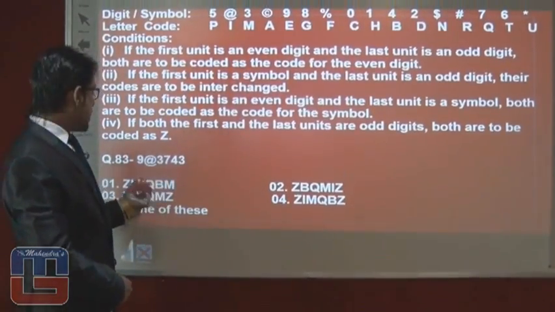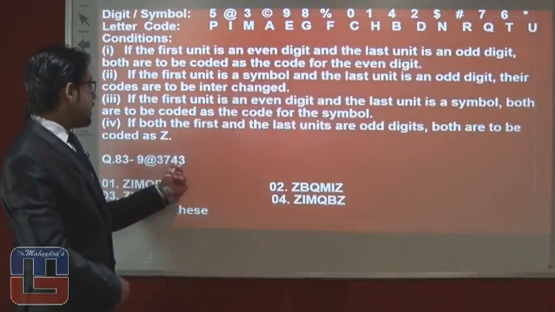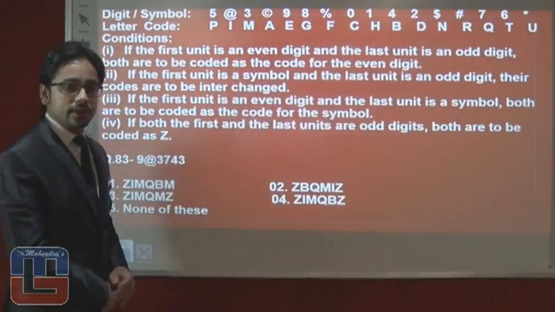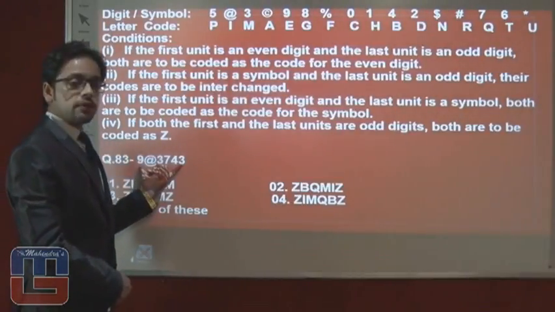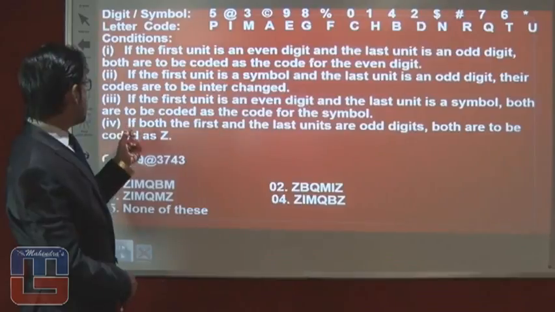Now you can see here, the first unit digit and last unit digit of this question are odd numbers, and the condition which applies for this type of question is condition number 4.